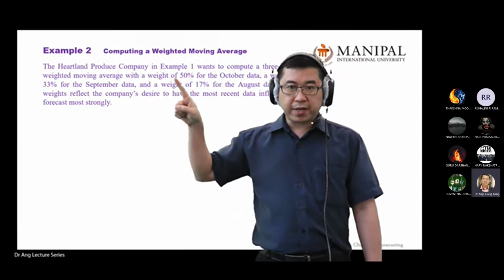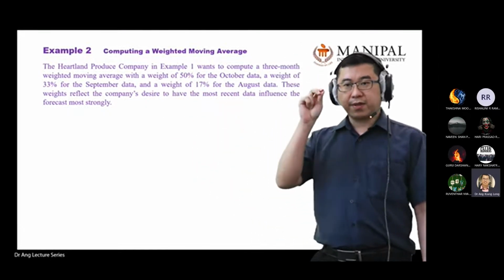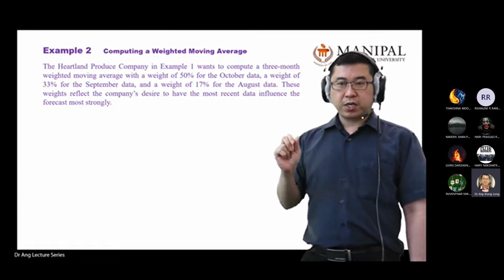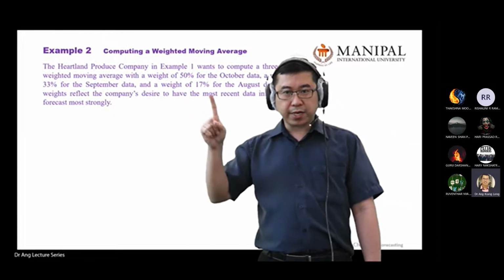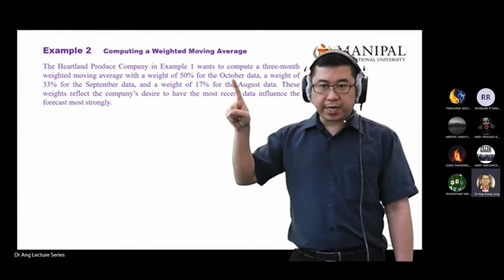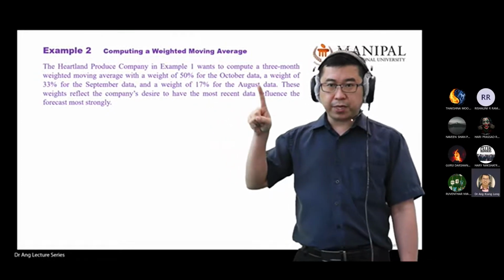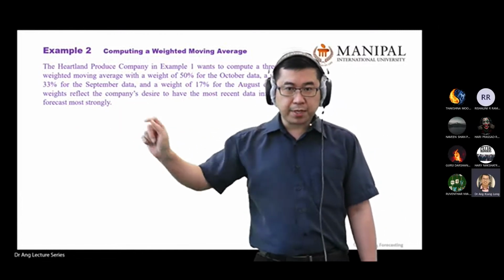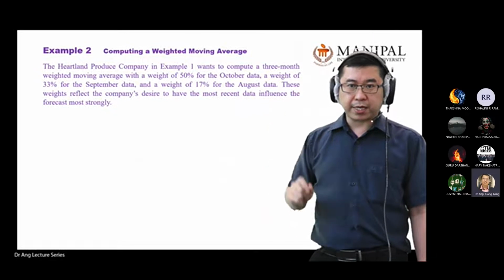It means the constant values you use in the forecasting are weights applied to your raw data: a weight of 50% for October data, and here it is very specific, a weight of 33% for September data, and a weight of 17% for August data.